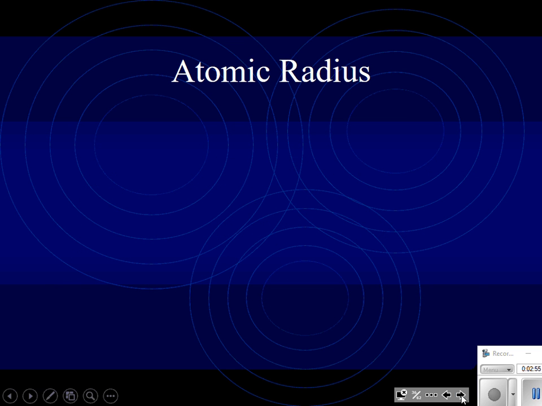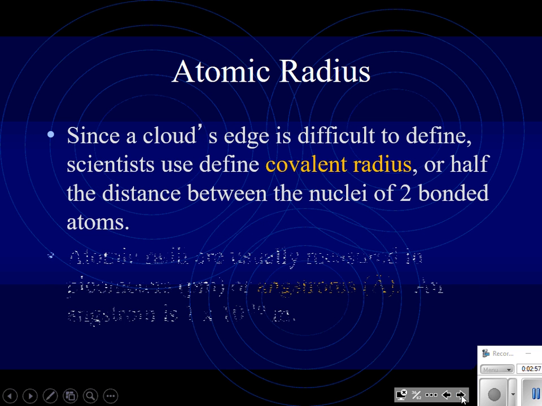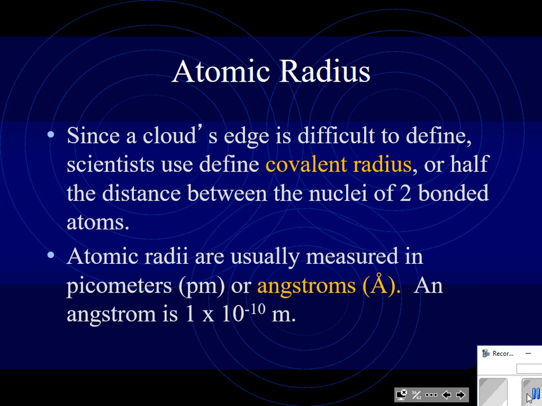Now, the atomic radius. Since the edge of the electron cloud is difficult to define, we use the covalent radius, which is the distance between the nuclei of two bonded atoms.